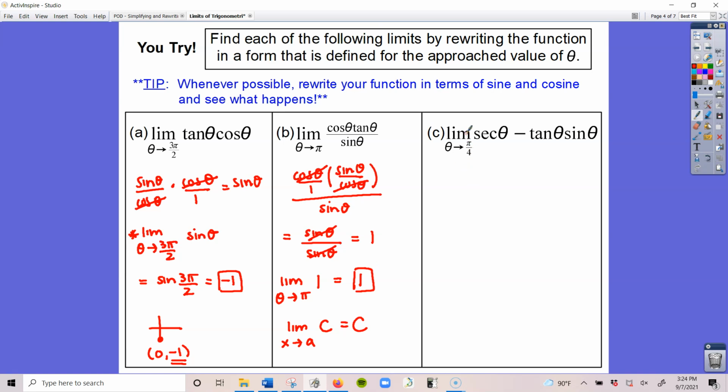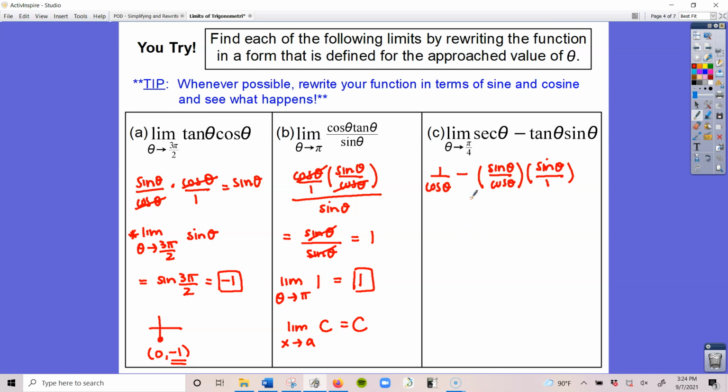Last one here, we have the limit as theta approaches pi over 4 of secant theta minus tangent theta sine theta. So we're going to rewrite everything in terms of sine and cosine. Secant is 1 over cosine theta minus tangent, which is sine theta over cosine theta, times sine theta, which I'm going to put over 1.